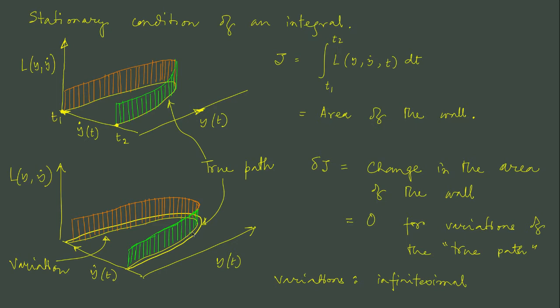So that is basically our Hamilton's principle, in the sense that if you are on the true path and you have calculated the area of this wall, which we call J, and then you make a tiny change in the path and calculate the area again, you will find the area is not changing.